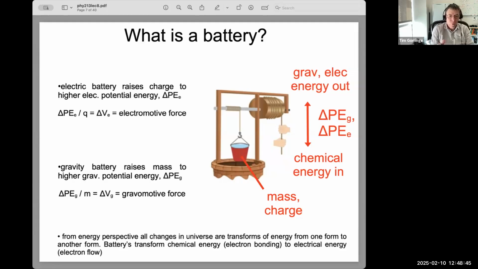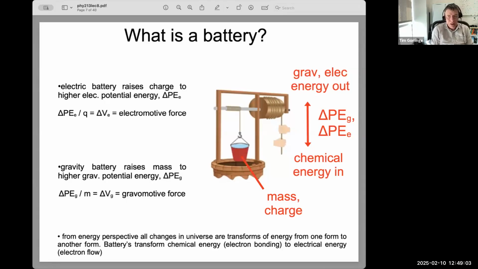A battery, an electrical battery, is a particular device that transforms chemical energy to electrical energy.